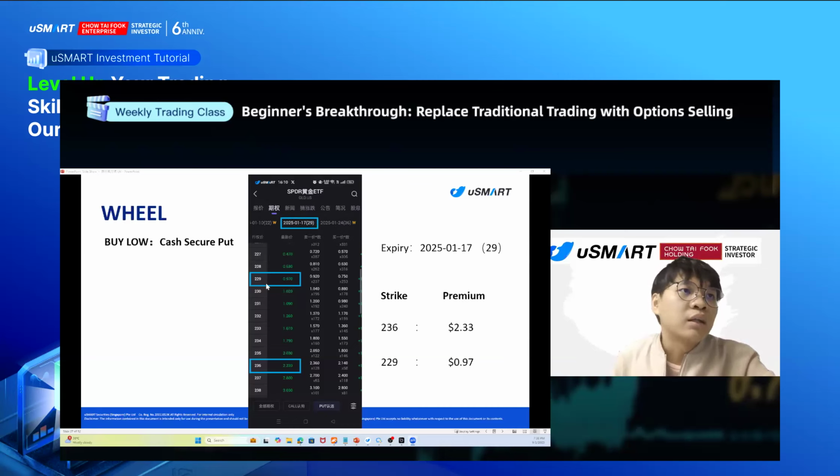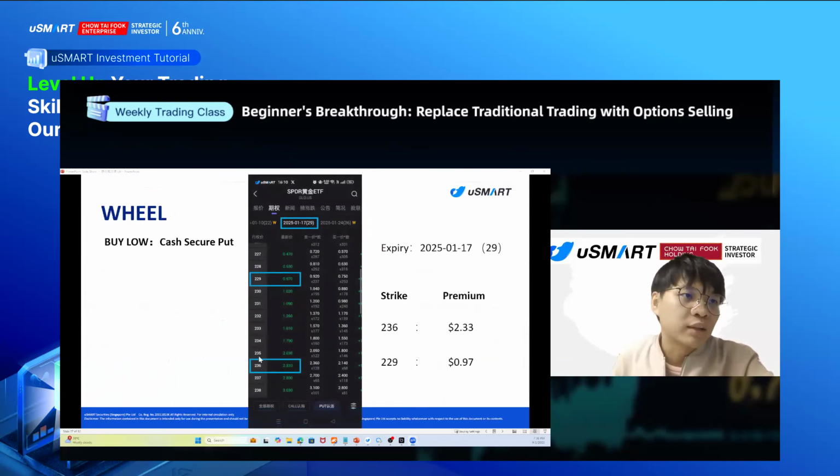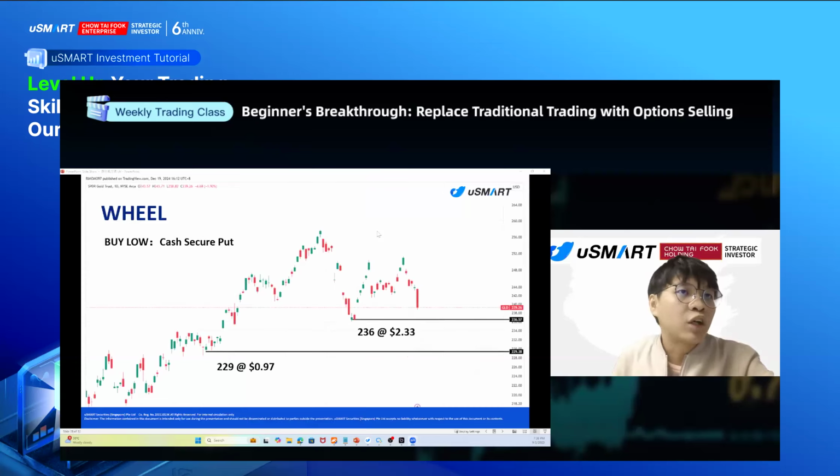And you can see that when we are checking the support, the most recent supports are 236 and also 229. So let's check the premium that is able to pay on these two prices. You can see that the premium is 2.33 and also 0.97. You need to understand that if you refer back to the chart, in this support, if I'm going to sell put options, I'm able to get this kind of money per share.